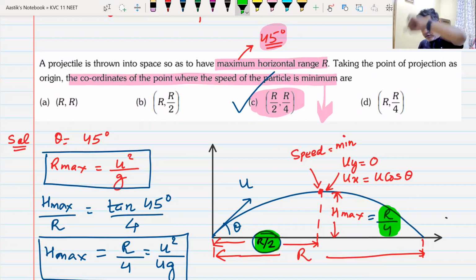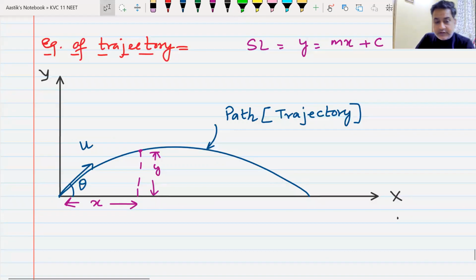So every point on this path will have an x coordinate and a y coordinate. The relation between this x coordinate and y coordinate is known as the equation of trajectory.